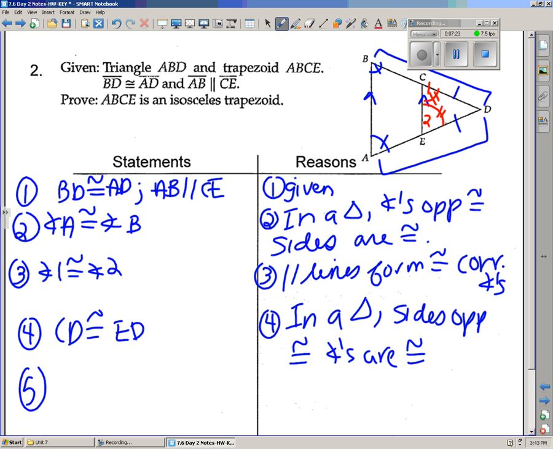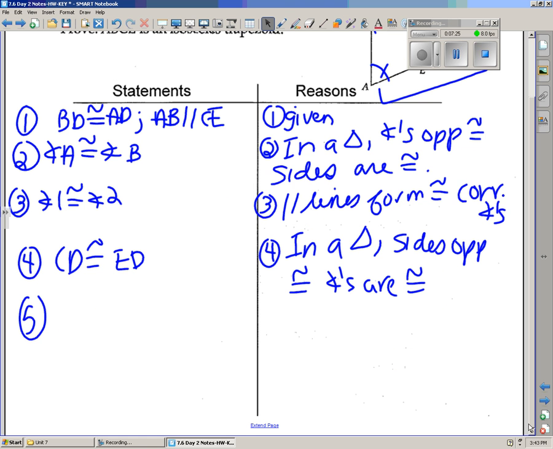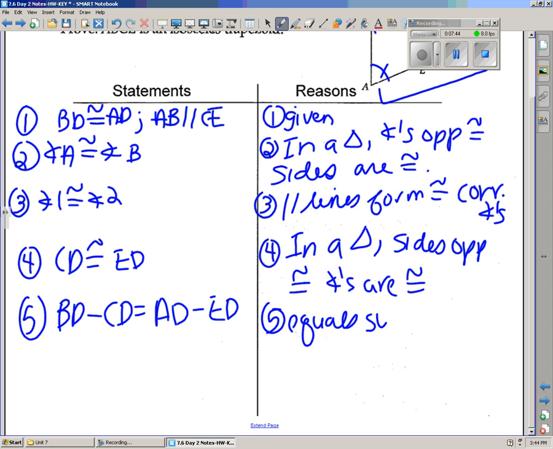Let me bring this thing up a little bit. Okay, so how about if we say that BD minus CD is equal to AD minus ED. And that would be equals subtracted by equals are equal.